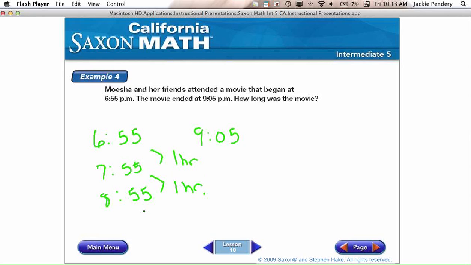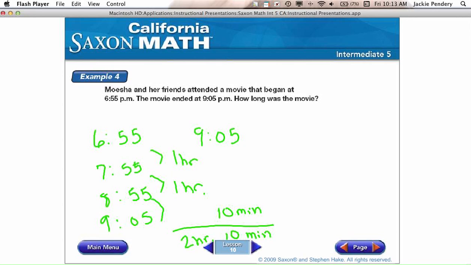And then 8:55 to 9:05 is only 10 minutes. Because 8:55 to 9 is 5 minutes, and 9 o'clock to 9:05 is 5 minutes. So now I can add these up, and the movie was 2 hours and 10 minutes.